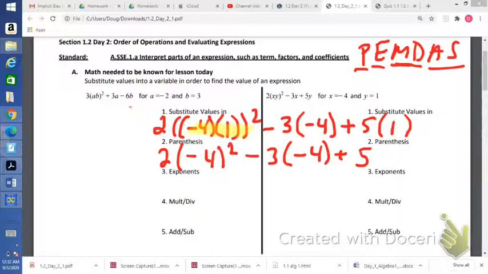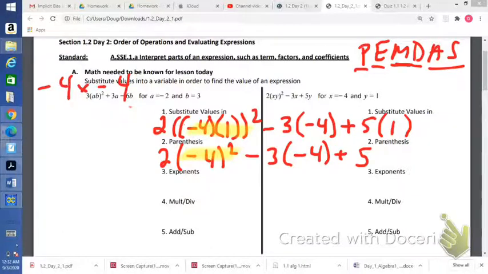Okay, next, exponents. So you have a -4 squared. Again, if you're putting this into your calculator, make sure you put parentheses around the -4 and then square it. Whenever you square a negative number, you will always get a positive number in return, because -4 squared is the same thing as -4 times -4.